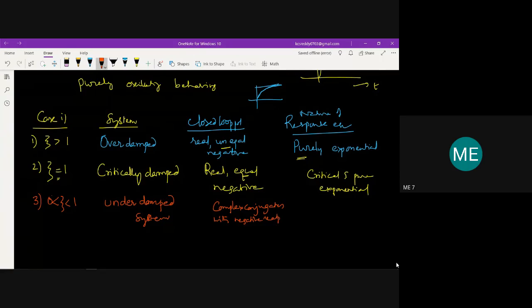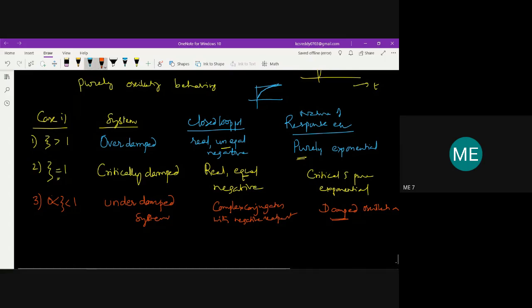The nature of the response in this case has a sine term present in the equation, so damped oscillations will be there. Damped oscillations means the amplitude is reduced, and after some time the oscillating behavior vanishes. That is why they are damped oscillations.